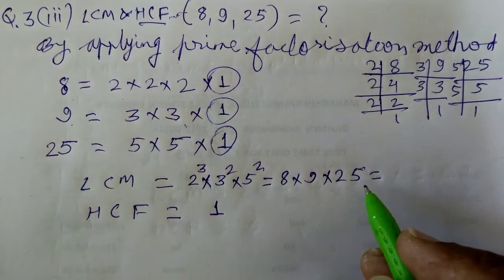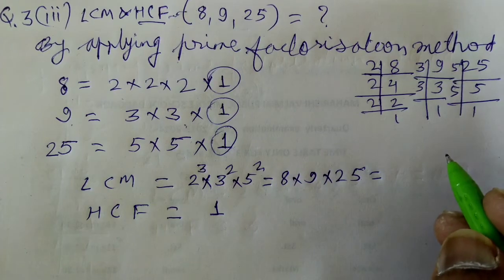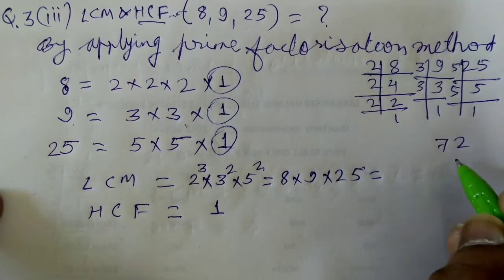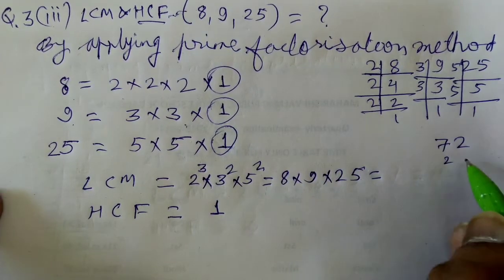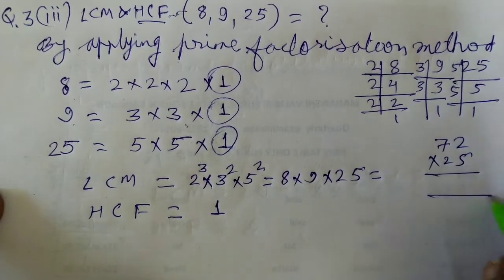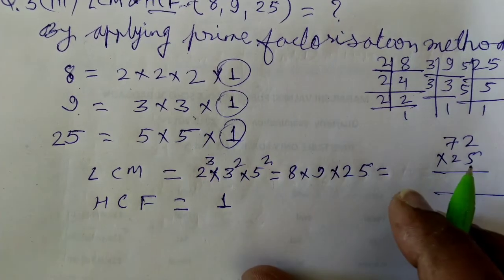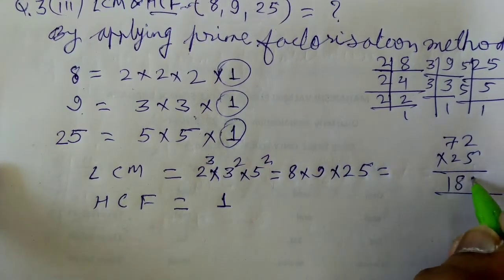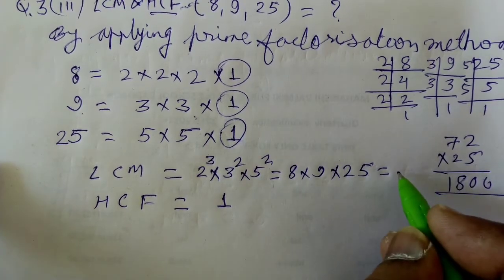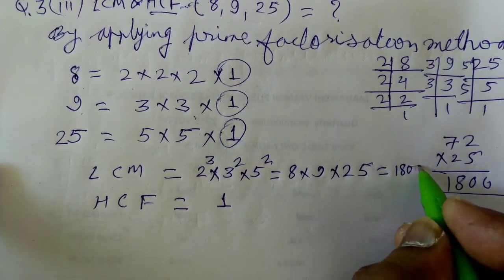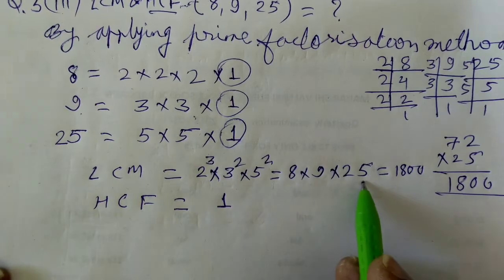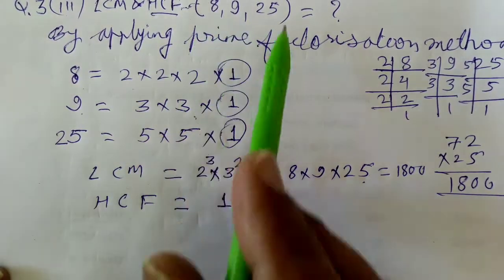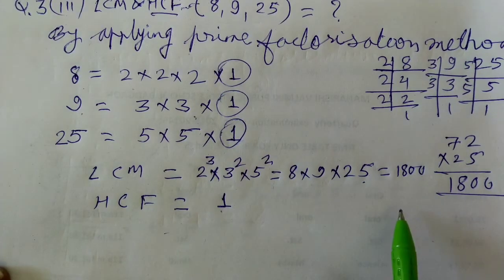You know very well how to multiply, I will not show the multiplication here. So the result is 1800. So 1800 is the LCM of 8, 9 and 25, and the HCF of 8, 9 and 25 is 1. This is our required answer.